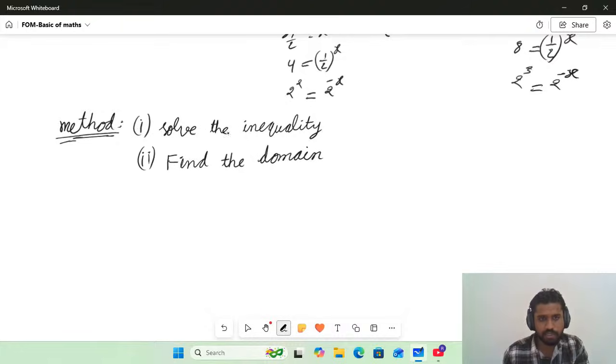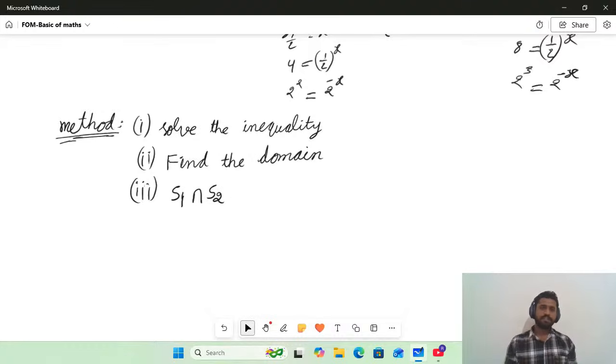So the method is: first step, solve the inequality; second, find the domain; and step 3 is to take the intersection of step 1 and step 2. In step 1 you will get one interval, and in step 2 you will get another interval.